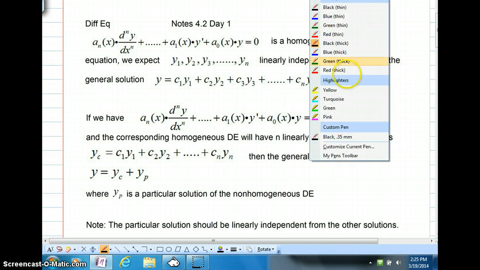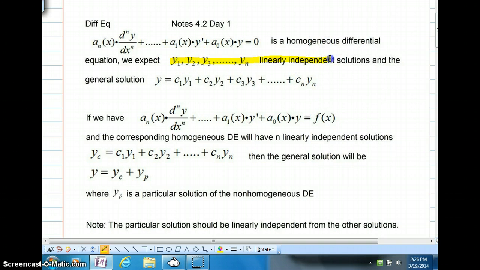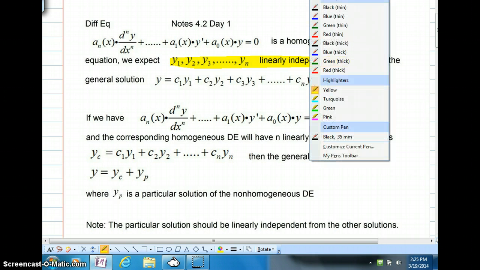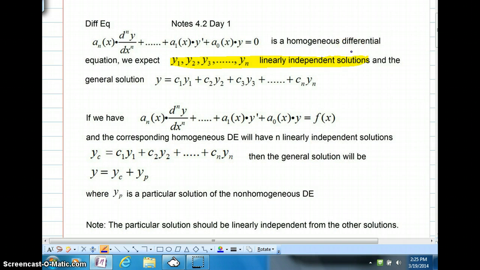That's what we used yesterday with the Wronskian to show that we had linearly independent solutions, as long as your Wronskian determinant is not 0. You could then say a general solution to the homogeneous equation would be constants multiplied to each of those n solutions. And that would be a wonderful general solution.